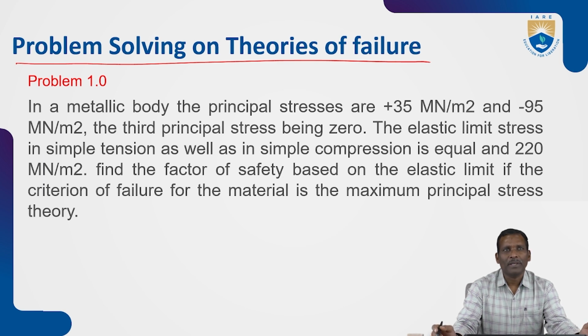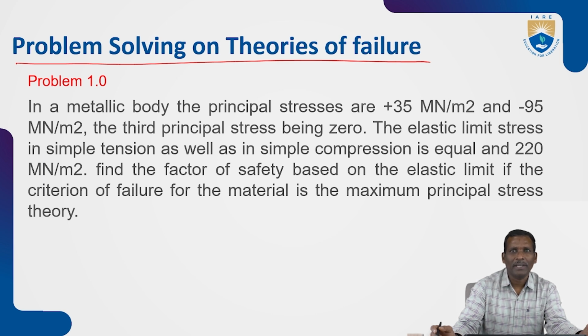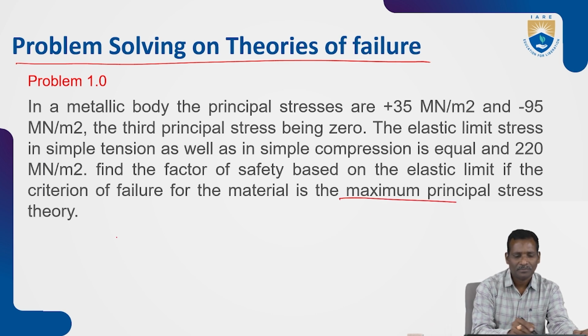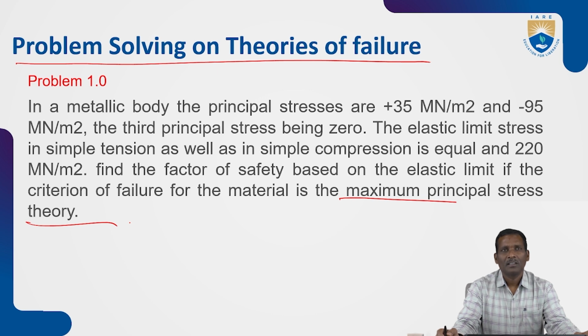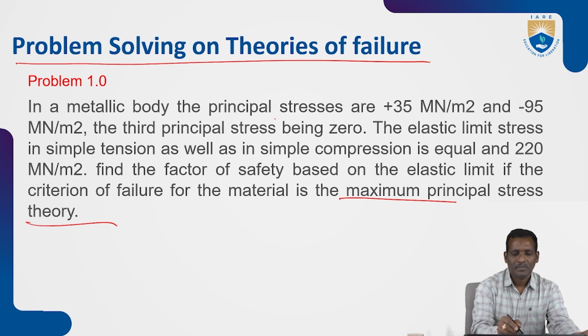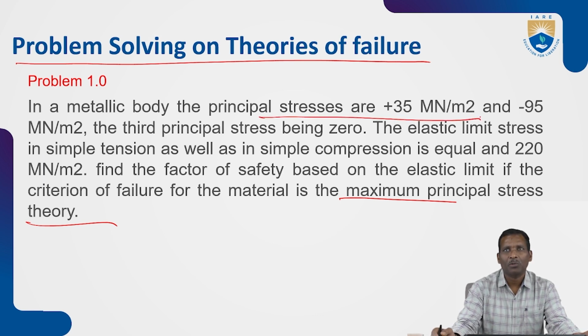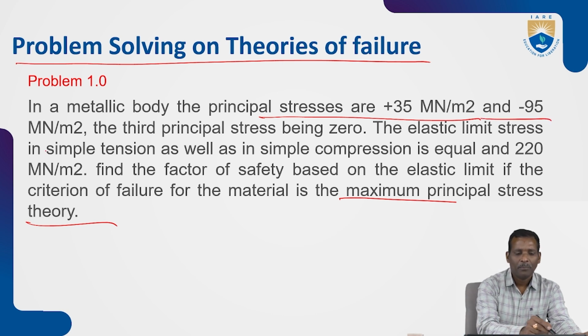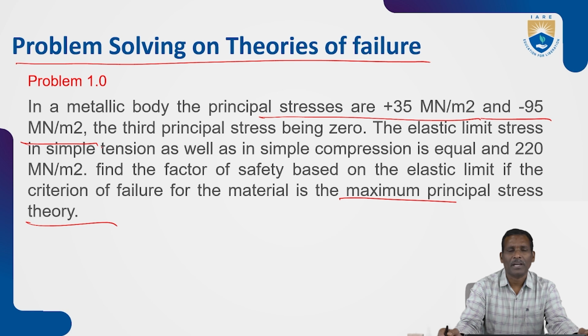So the problem given is based on maximum principal stress theory. You know what is this maximum principal stress theory? In this problem, in a metallic body, the principal stresses are 35 meganewton per meter square and minus 95 meganewton per meter square.